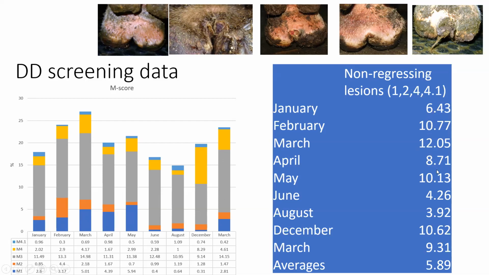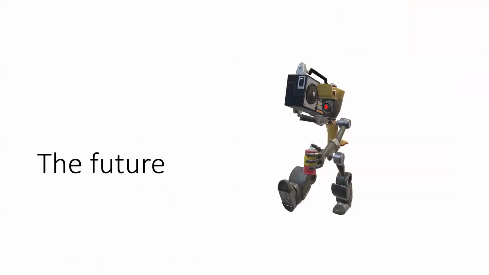We went through a period of problem there, another little bit of a problem there, but overall, 5% or 6% of cows with non-regressing lesions is looking really good. So I find this is a really useful additional bit of data that we can gather that will very quickly give us a feel for what's going on with digital dermatitis, which is actually quite a specific problem for a lot of farms in the UK still.